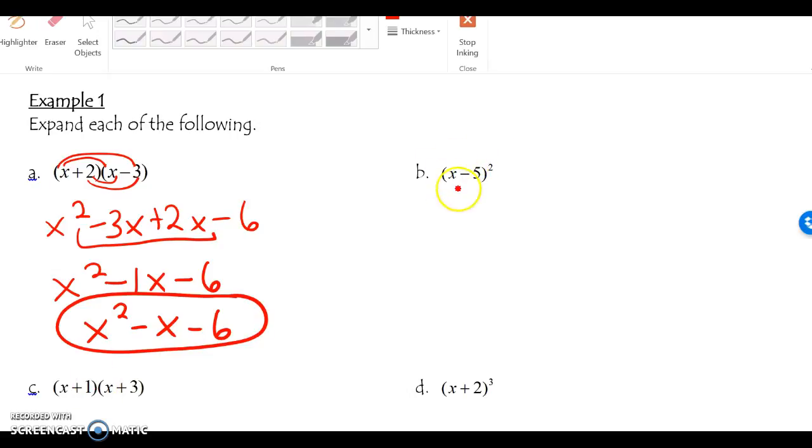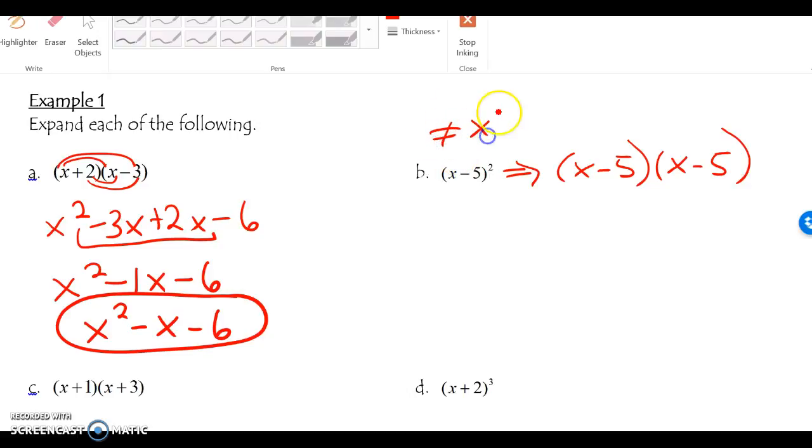So anytime we see something like this, think of it as that. Remember from the example we saw in the beginning, it's not equal to this. And you'll see why. x times x is x squared.